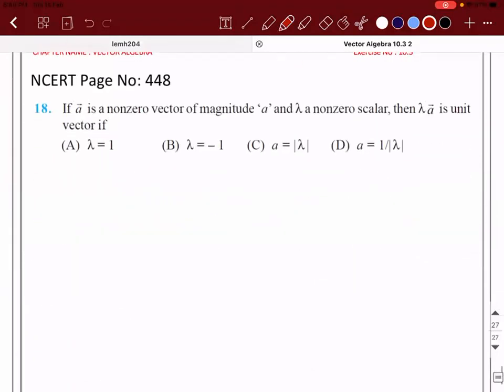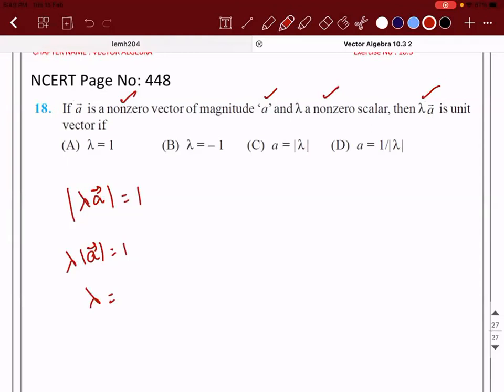Last. If A vector is a non-zero vector of magnitude A and lambda is a non-zero scalar, then lambda times A vector is the unit vector if lambda times A vector has magnitude 1. So lambda into magnitude of A vector is 1.